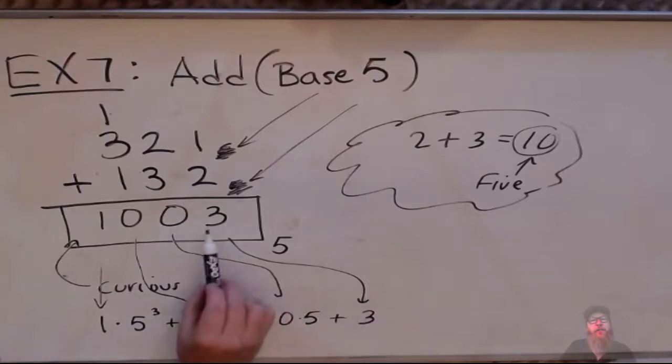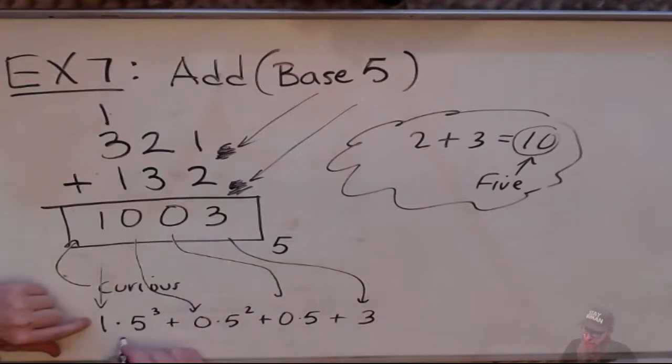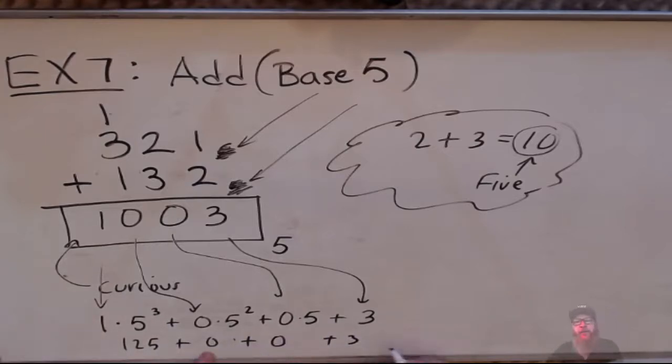The last digit really means what it says. So this would be 125 plus 3 plus a pair of zeros here. So it would be 128. That's what this answer actually means, 128. Again, I don't want 128 as the answer. You can think that in your mind. This is what I want you to write, 1003.